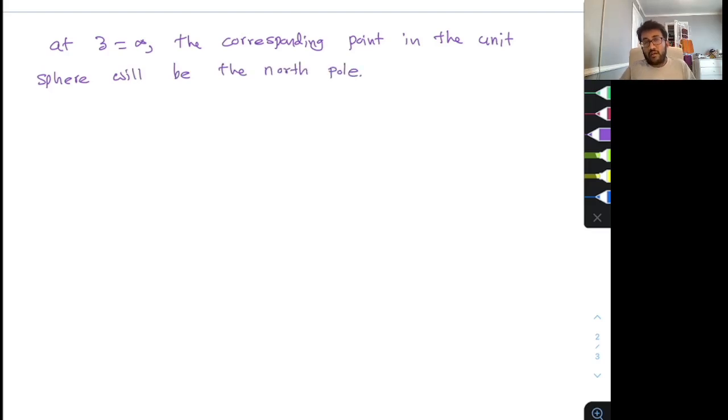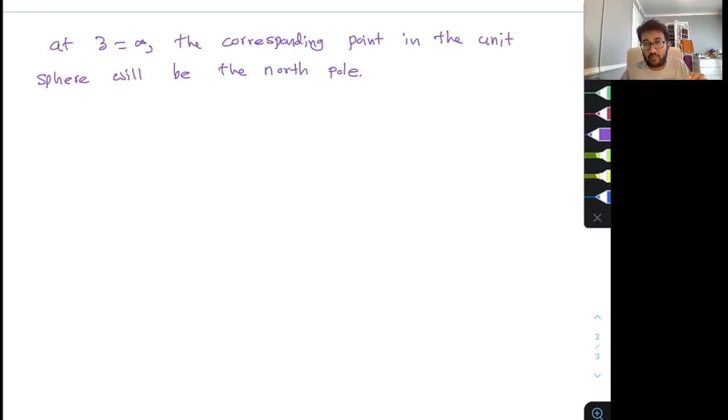So you can visualize anything that is happening in the extended complex plane on the unit sphere, because it has infinity and it is equal to the North Pole, and for any complex number which lies in the complex plane, there is a unique corresponding point in the unit sphere.